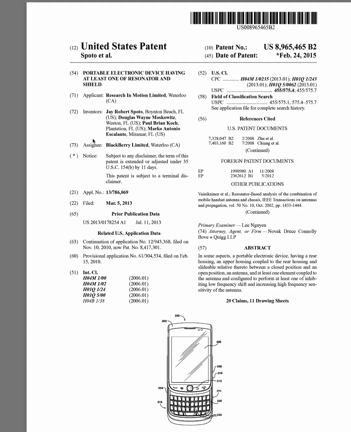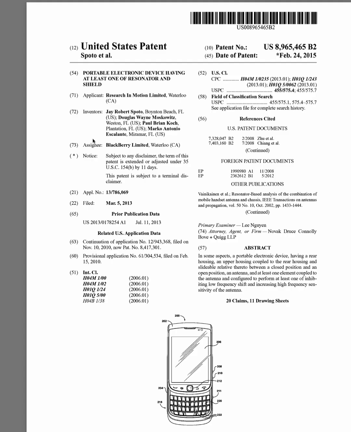And patents are property, and you can assign your property, you can license your property. So even though the face of the patent lists BlackBerry as the assignee, you should always check the USPTO website and the assignment history to see who the current assignee is.